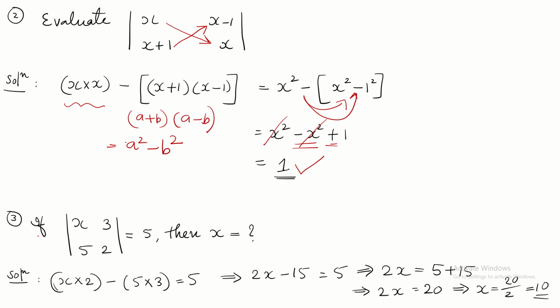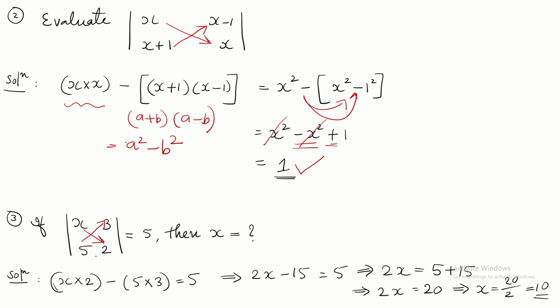The next question: if the determinant of x 3, 5, 2 is equal to 5, then x equals how much? I have to find the value of x. Again here also, what is given on the RHS? It is given as 5. So x into 2 minus 5 into 3.